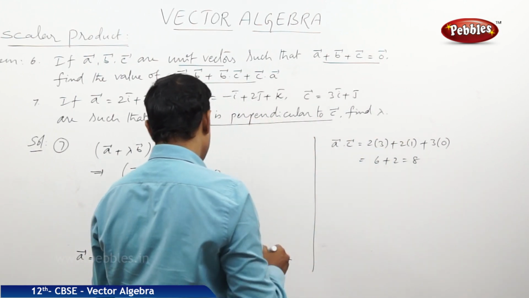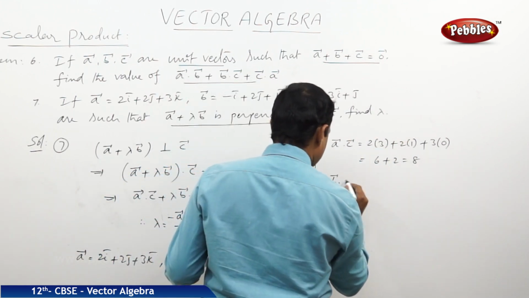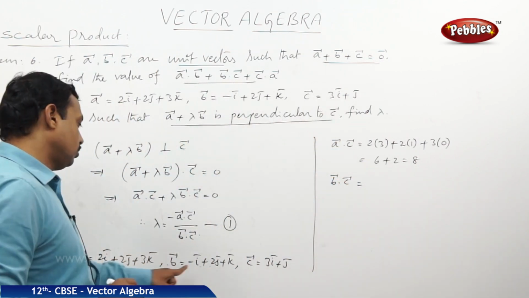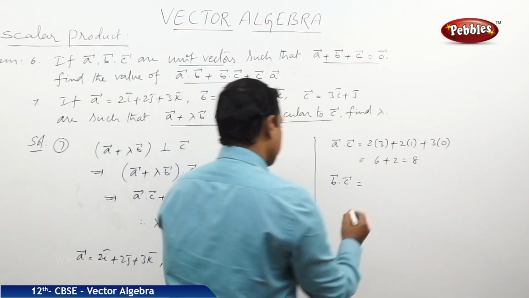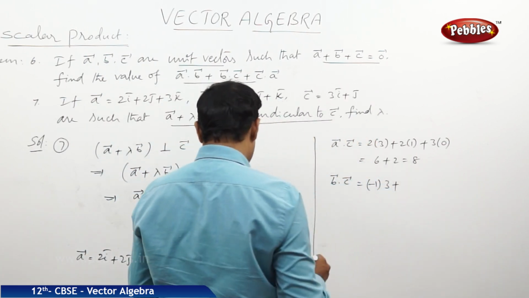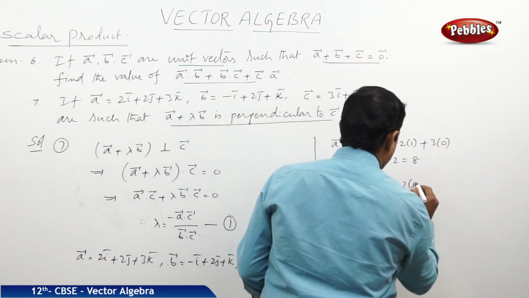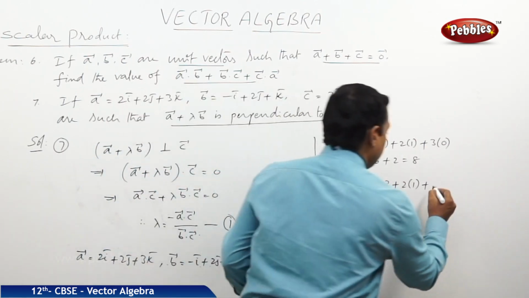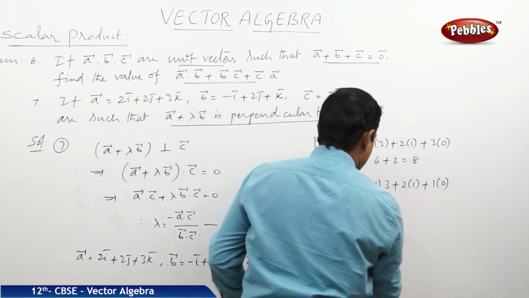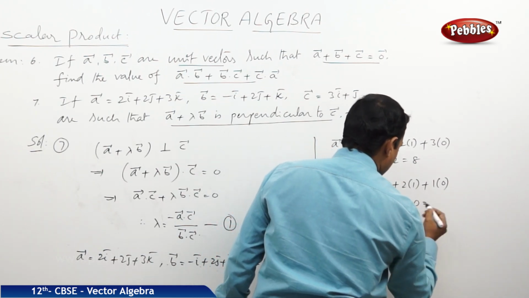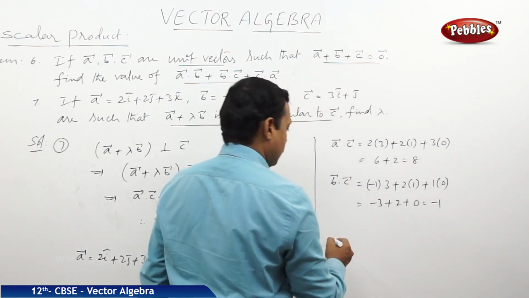In the same way, B dot C is equal to minus 1 into 3, plus 2 into 1, plus 1 into again 0. This is minus 3 plus 2 plus 0, which is minus 1.